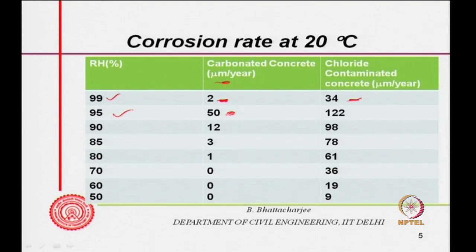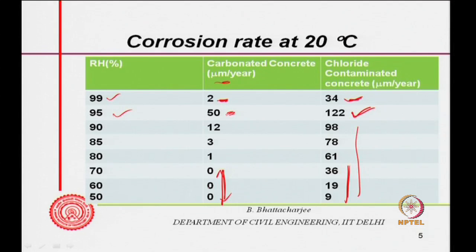Carbonation has already occurred, carbonated concrete, and these are the guidelines given for corrosion. Now, if the relative humidity becomes very low, the corrosion rate becomes small, because corrosion requires the presence of moisture as well. While in chloride concrete this still continues, and the maximum is again around 95% relative humidity. At 100% relative humidity within the concrete pore, or in the condition that has been considered, it actually reduces.